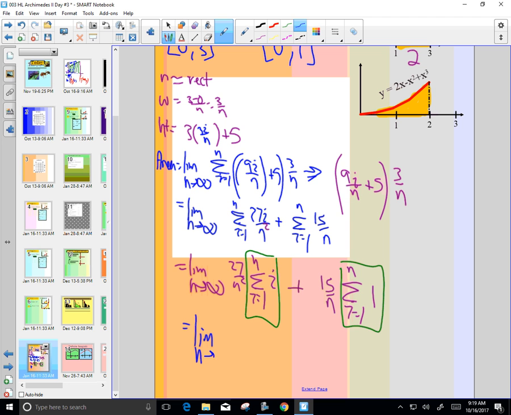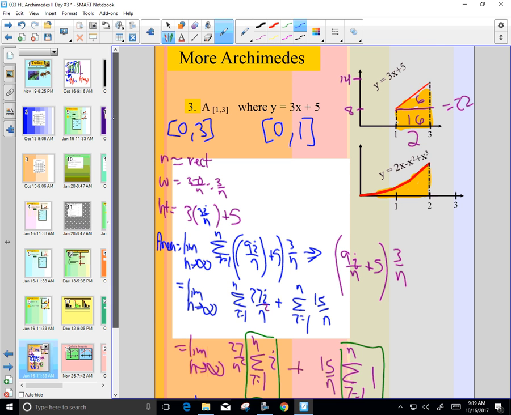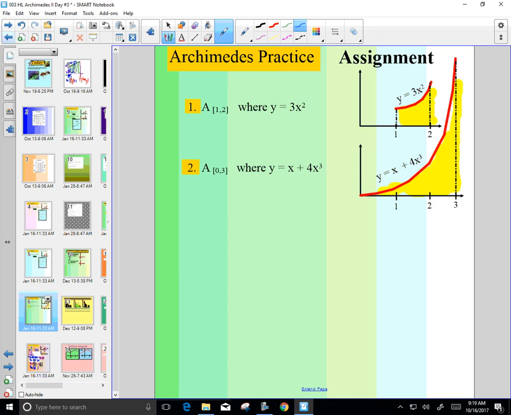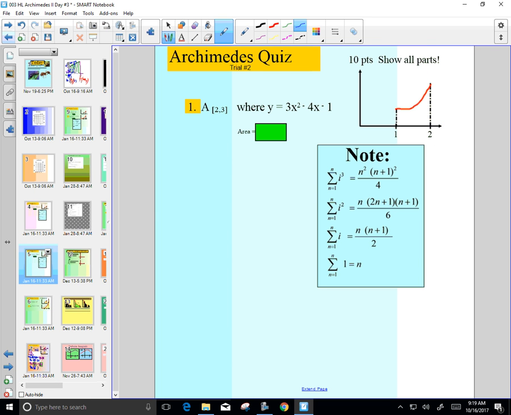Limit as n approaches infinity, 27 over n squared. What is the sum as I goes from 1 to n of I? Yep, and I'll give you those. Whenever you do 1 plus 2 plus 3 all the way to n, you just take whatever the last one is, n times n plus 1 over 2.